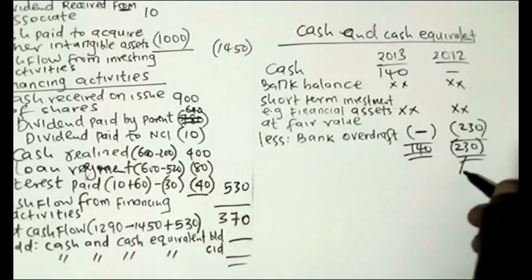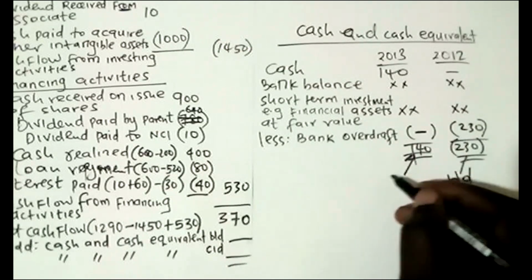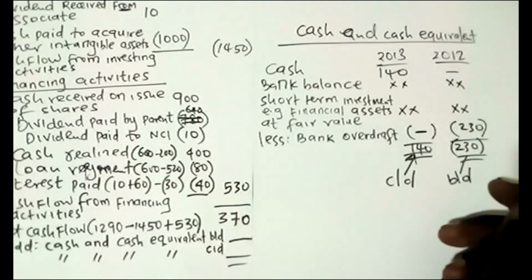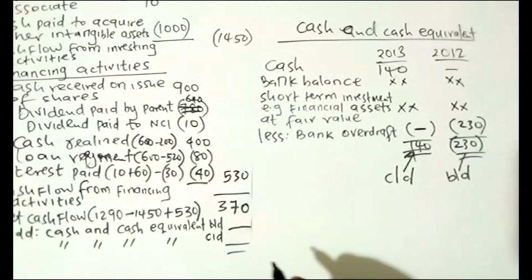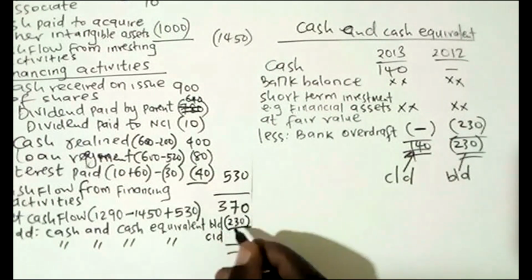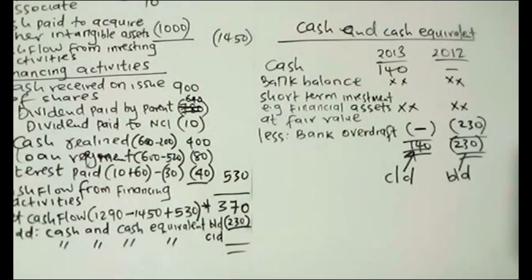So this is my cash and cash equivalent brought down, and this is cash and cash equivalent carried down. If you put your 230 here, you sum it with your net cash flow.